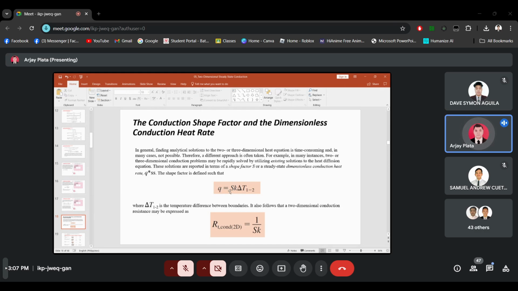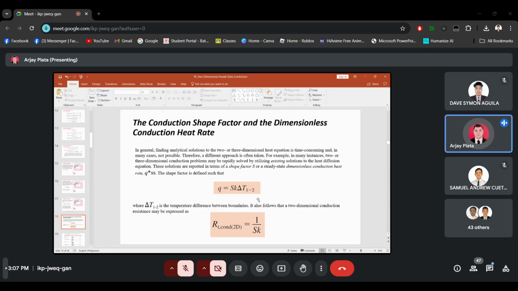It's dimensionless, and the formula depends on the cases. We also have thermal resistance here. For conduction, we have 1 over Sk. This is our formula for the conduction thermal resistance. S is also the same, which is the shape factor.